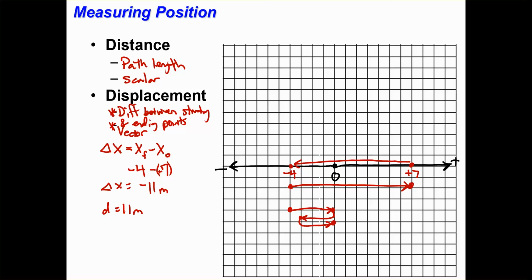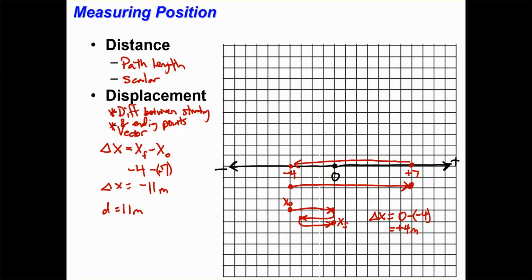Well, the displacement is still the final position minus the initial position. And so the displacement for this example would simply give us 0 meters minus -4 meters for a total of +4 meters, or 4 meters to the right.